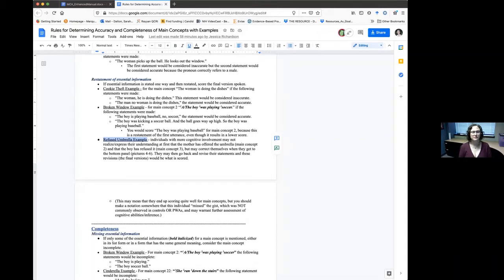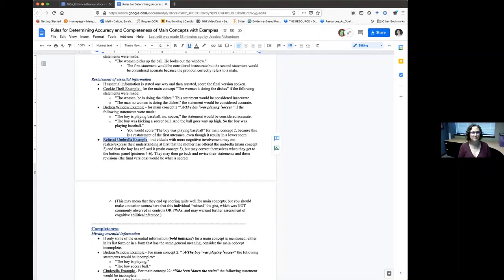But as they go on through the panels, some of them, not all of them, may catch that, and then they want to go back and correct themselves. And so this actually makes us refer to this rule quite a bit, because we do have to accept their revised statements.